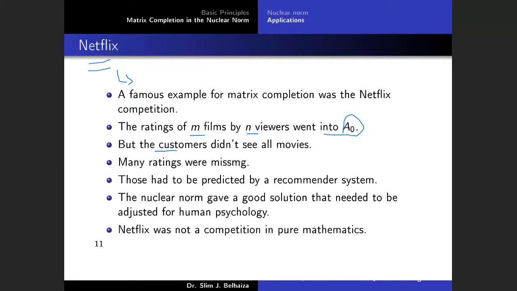So many ratings were missing, and those had to be predicted by a recommender system. What the competition showed is that the nuclear norm gave a good solution that needed to be adjusted for human psychology. Okay? In fact, it was just a challenge, not for imitation. Netflix was not originally pure mathematics.